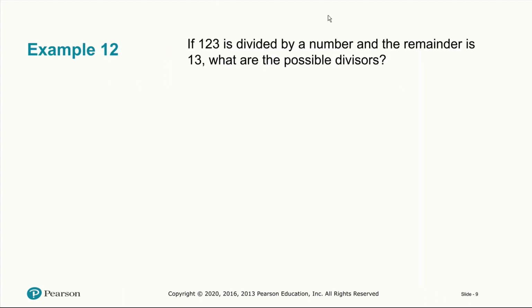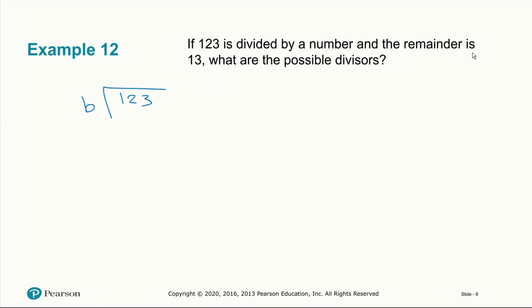Okay, here we have a problem that tests our knowledge of the division algorithm and the division formula. We want to know if 123 is divided by a number and the remainder is 13, what are the possible divisors? All right, if we just write that out like this, so we're dividing 123 by some number, which we can just call b.